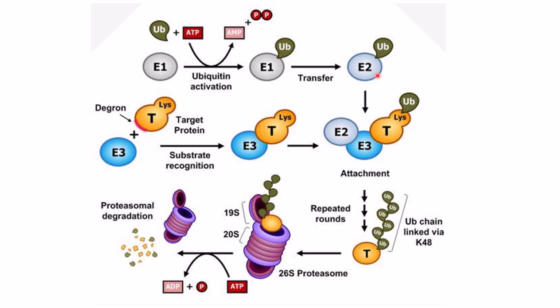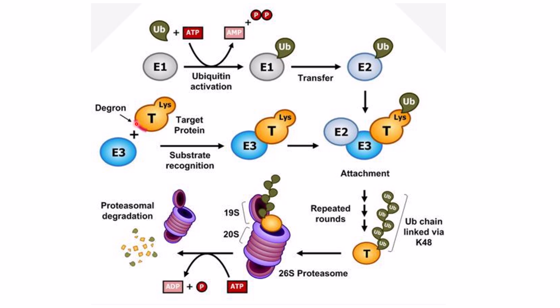Now there is another enzyme, that is E3, which is involved in ubiquitin ligation, or E3 is known as ubiquitin ligase. Now the E3 will recognize the target protein. This is the target protein having a lysine residue as well as what is called a degron.